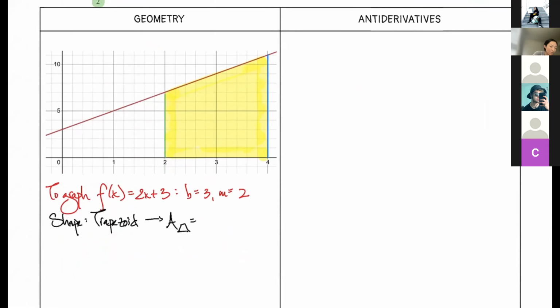Anybody happen to know that area of a trapezoid formula? There are different ways to write it, but some people do like base 1 plus base 2 times the height all over 2.